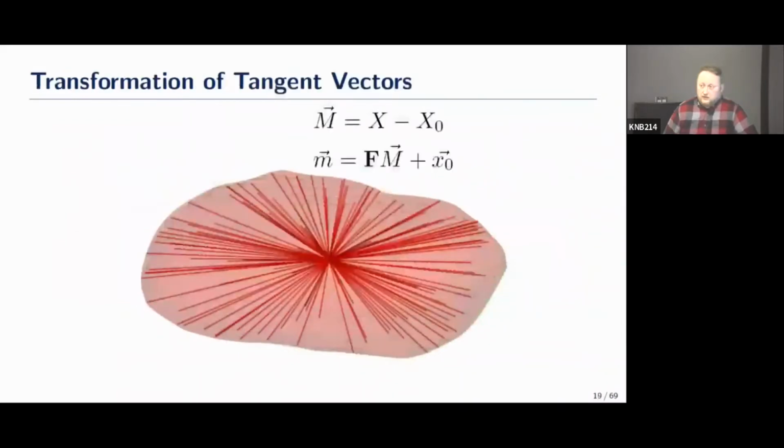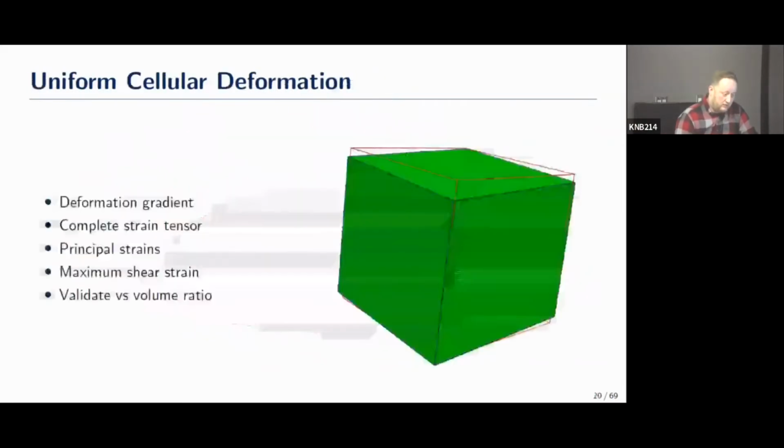And then we consider all the vectors emanating from that to the surface of the cell. Those are those tangent vectors I talked about, big M. And then we simply optimize F and x naught applied to these red vectors to match the surface of the green object.